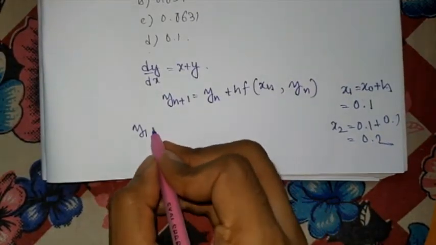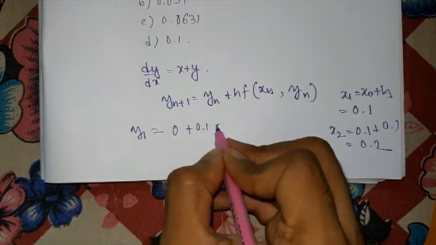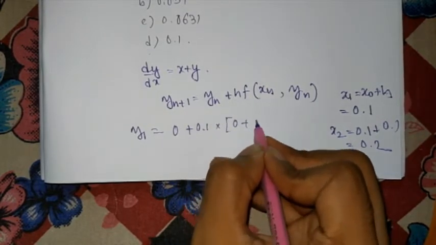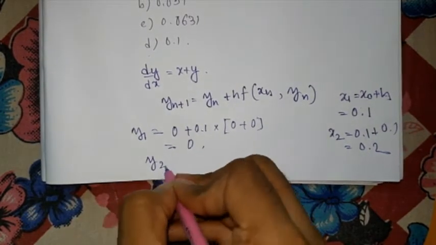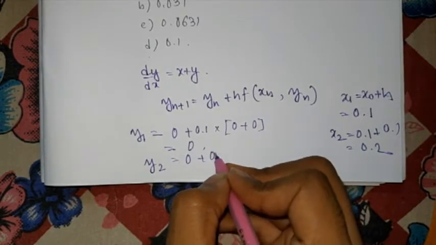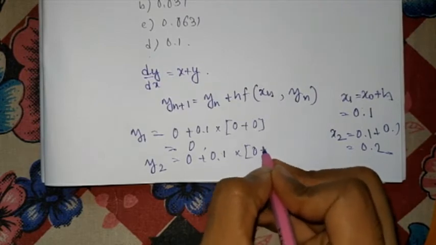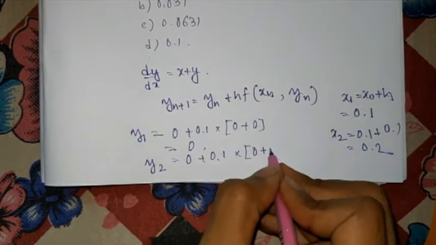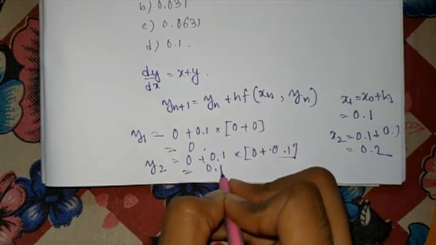Now y1 is 0 plus 0.1 into (0 plus 0), we get 0. Now for y2, 0 plus 0.1 into (0.1 plus y1), putting y1 as 0, we get 0.01.